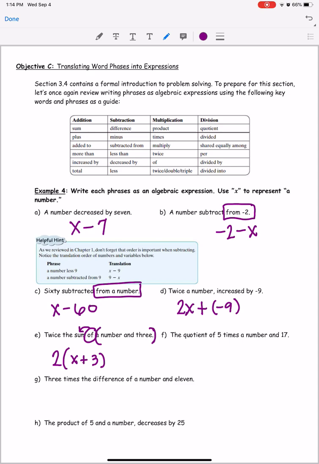Okay, on F, the quotient of 5 times a number and 17. So, quotient means to divide. So I need 5 times the number together. 5 times the number looks like 5x.